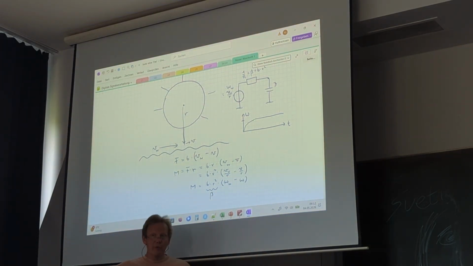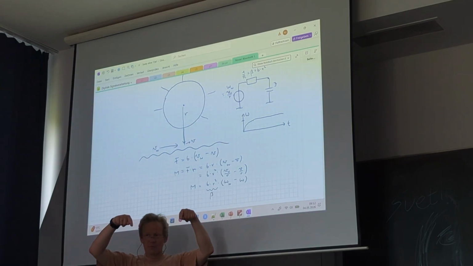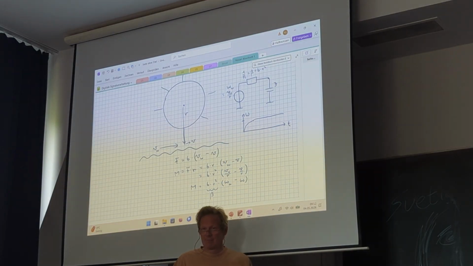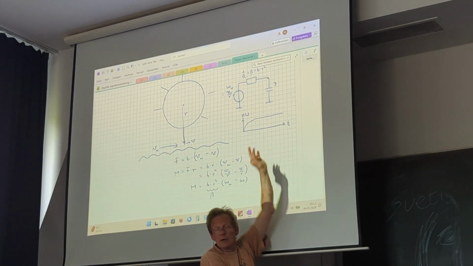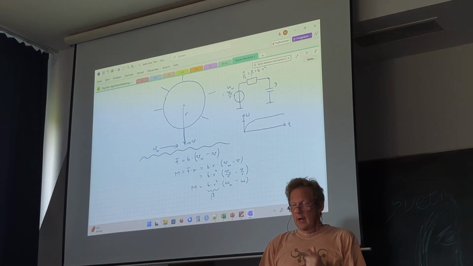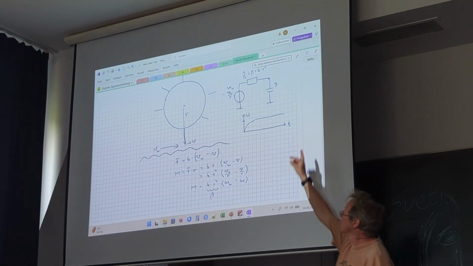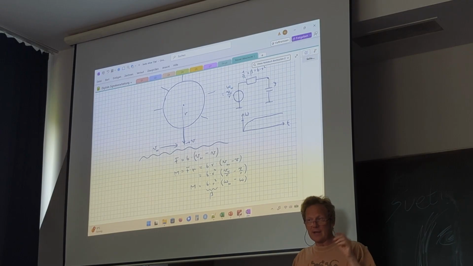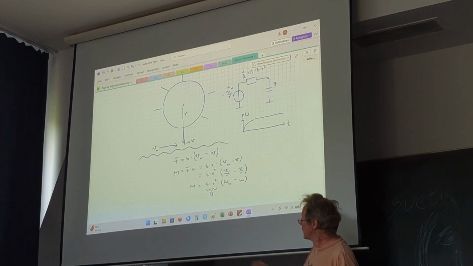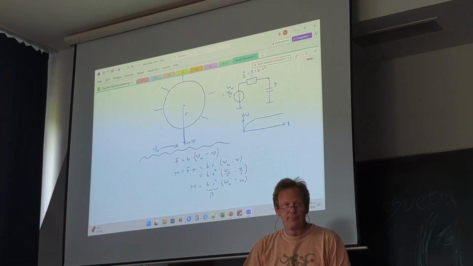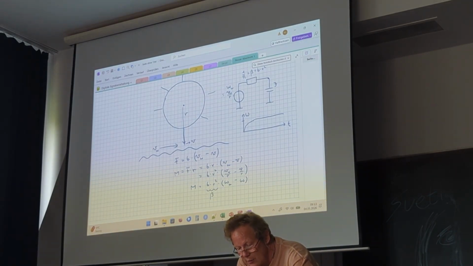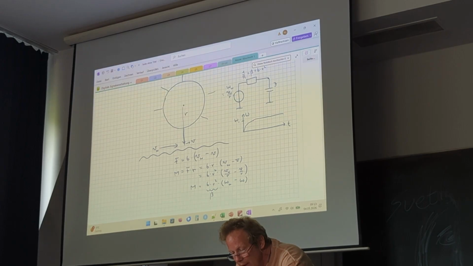Without current, we have no voltage across the resistor, which means we have the same voltage on the left and the right side, and that means the voltage of the capacitor is exactly the same as the source voltage. Mechanically, it means the water wheel will rotate with exactly the same angular velocity as the source, what the river defines. Okay, and that means we can write here, how do we call it, omega water.